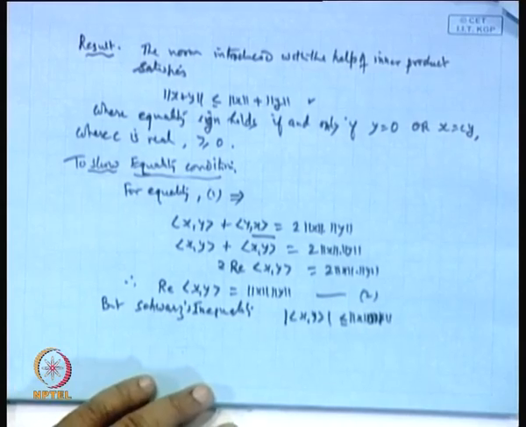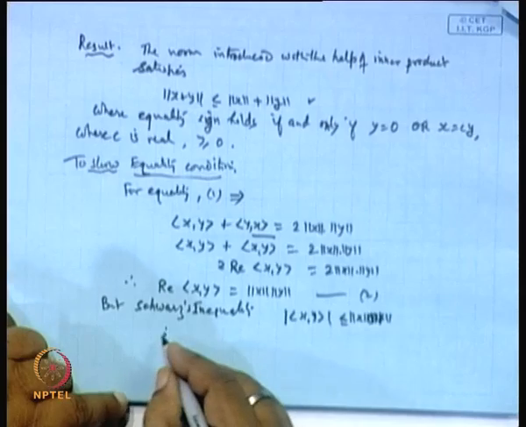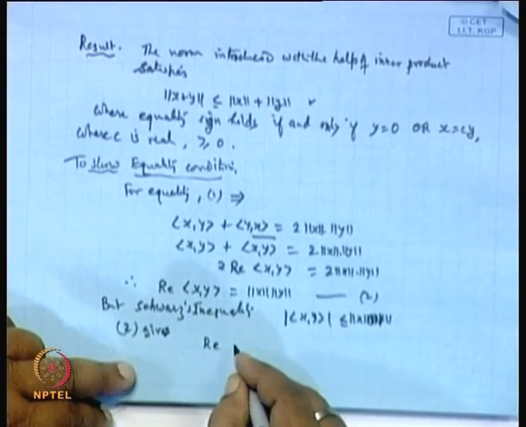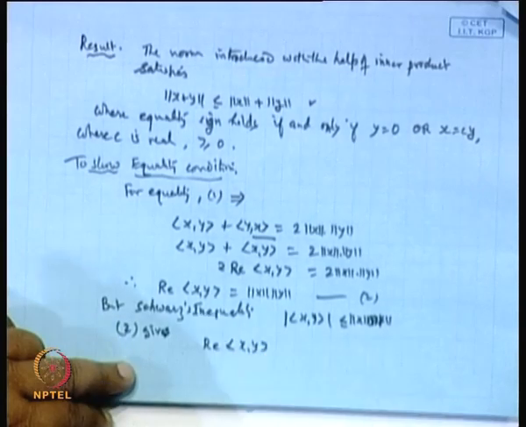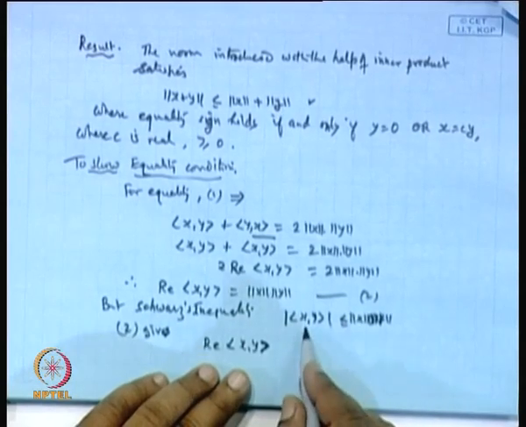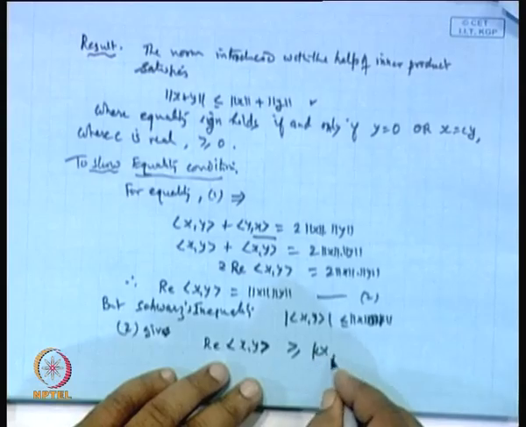So, we can put this thing in there, it means therefore, 2 gives the real part of inner product x, y is greater than or equal to the modulus of inner product x, y.